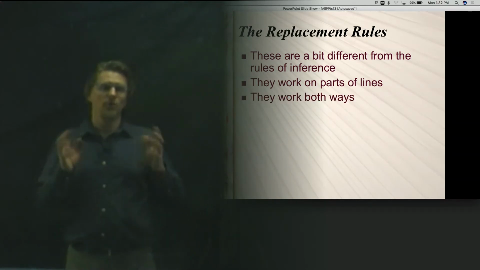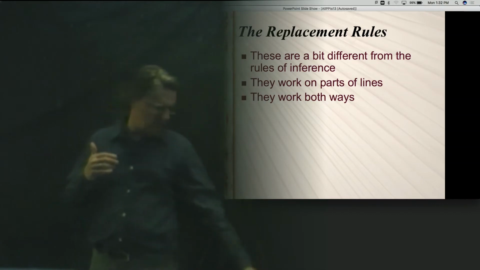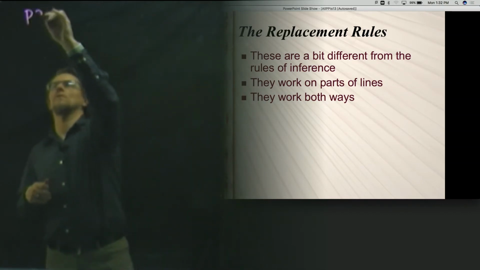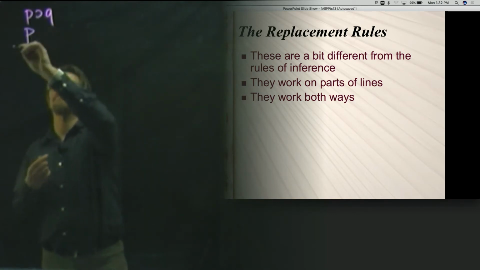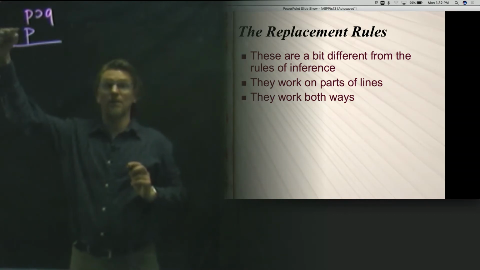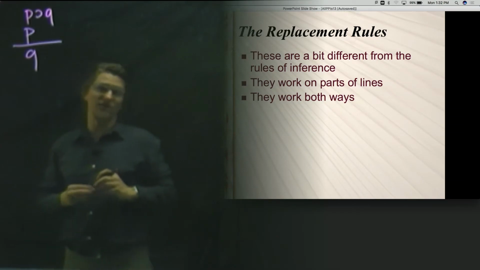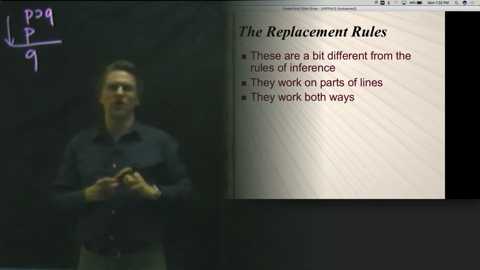Now, you remember that rules of inference worked only in one direction, so to speak. Just to illustrate, take our old friend modus ponens. When you have P horseshoe Q and you have P, modus ponens tells us that you can write down Q. We can validly infer Q. So obviously, this is working in one direction, from premises to a conclusion.